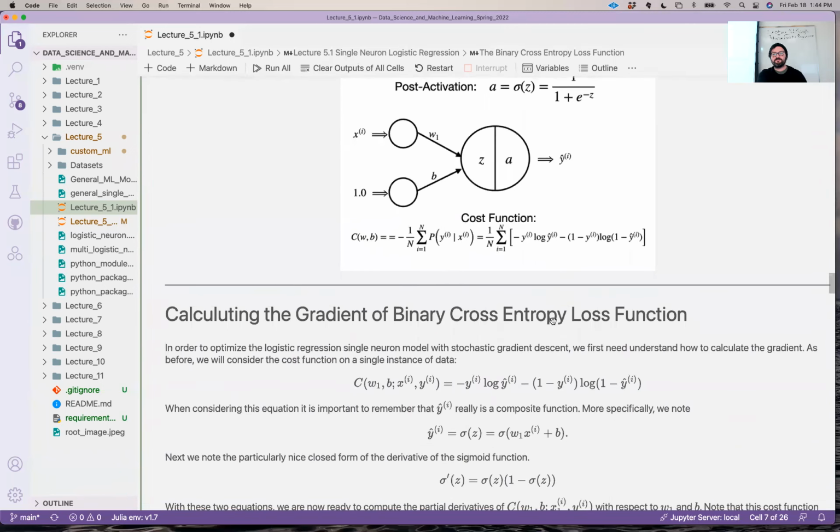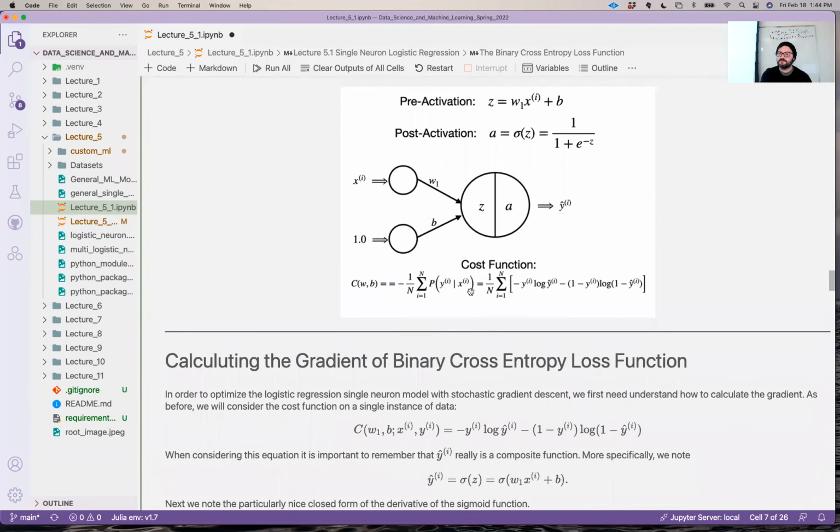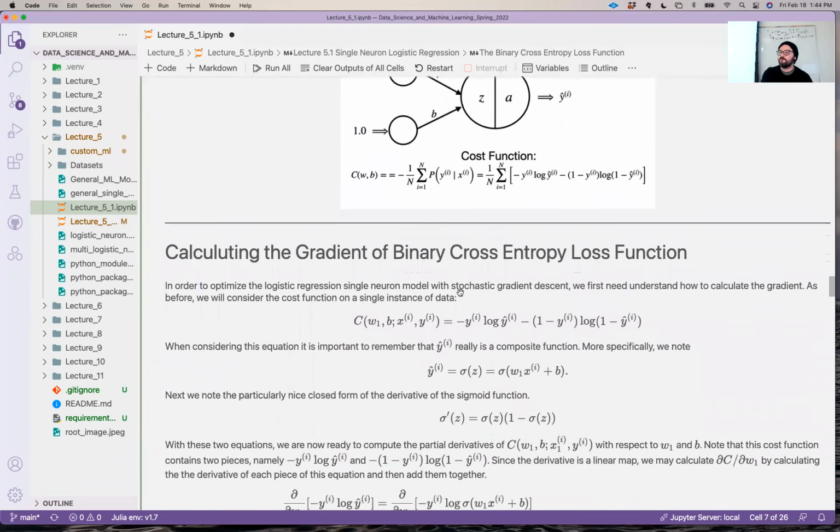So now we need to find the gradient of that cost function, right? Now, as before, with both of the previous single neuron models, we didn't really care to calculate the full gradient, which you do by finding the partials with respect to each of the training pieces, and then summing them all together to get your gradient.